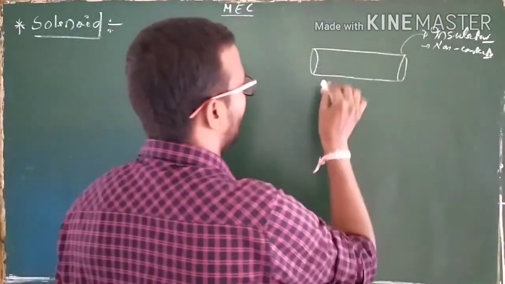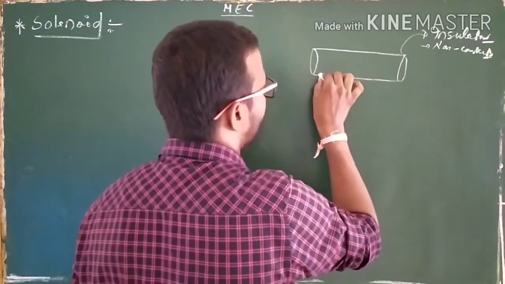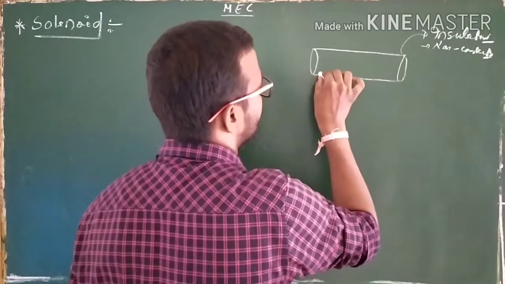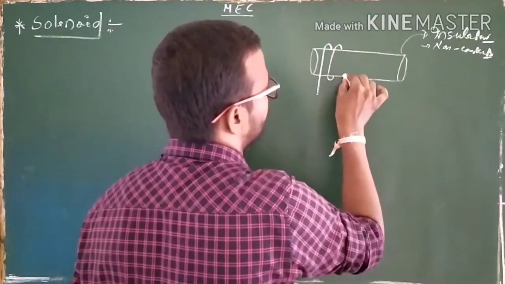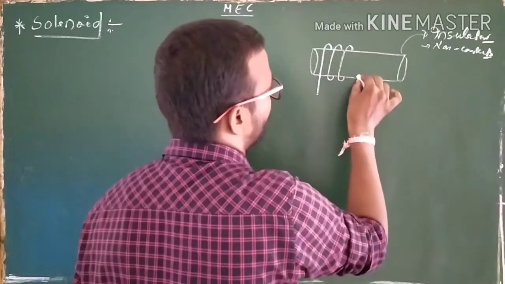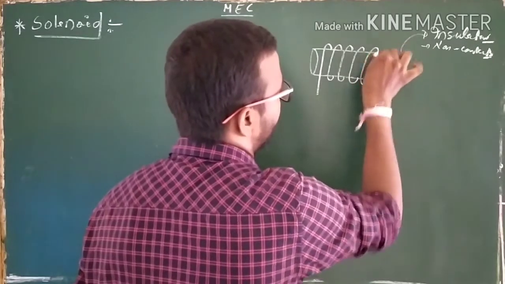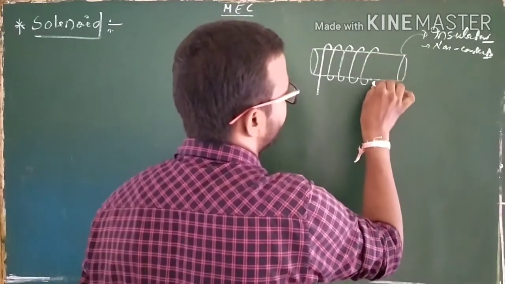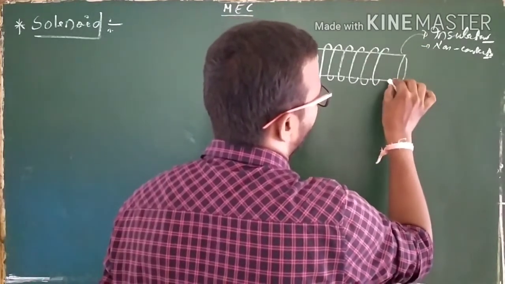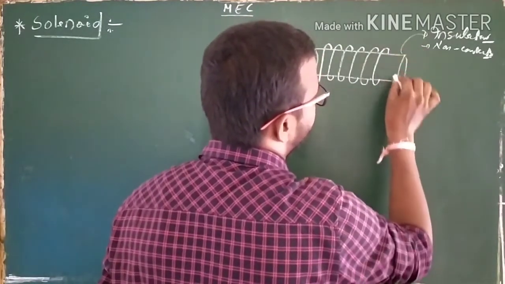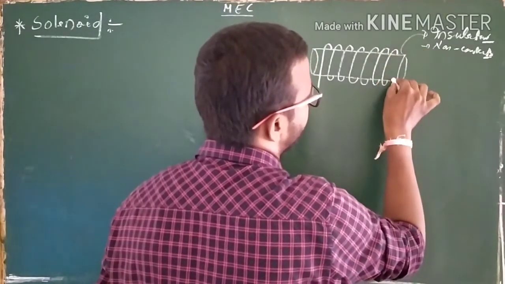Now we have a wire, an insulated wire, which is wound over it, in such a way that it looks like a cylindrical coil, like this.